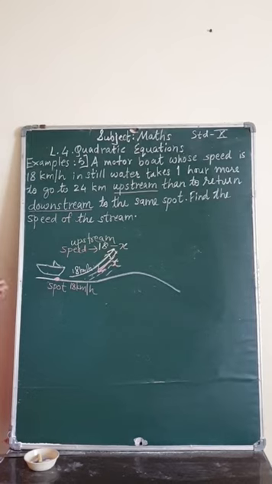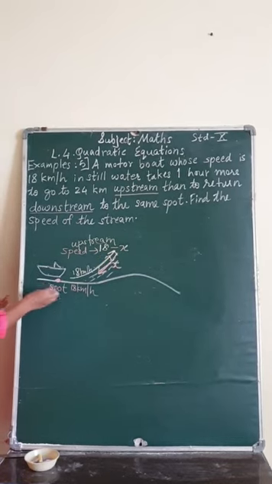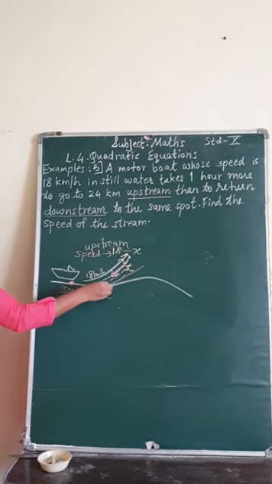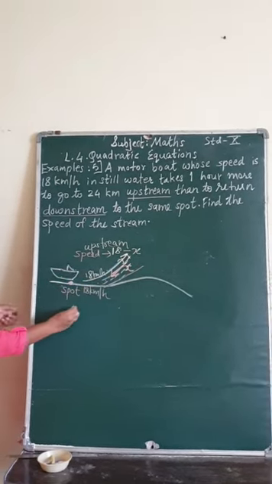Now, how much distance has it covered? The total distance covered is 24 km. So now you know the speed and you know the distance covered. Can we write the time using the concept of time, distance and speed?